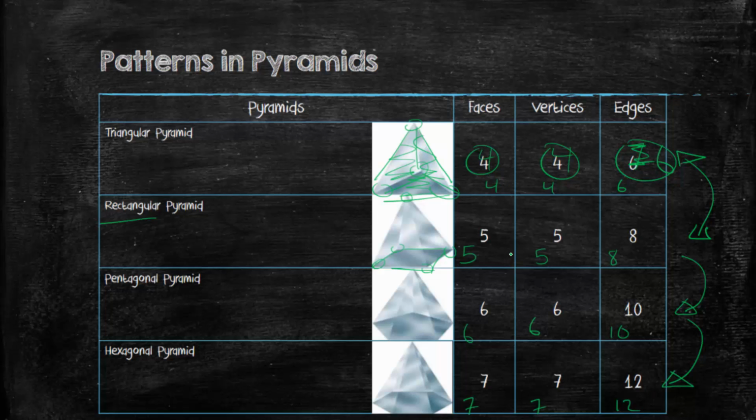So the faces going up by 1 in each instance, vertices going up by 1, and the edges going up by 2 in every single case. So plus 1, plus 1, plus 2. And if you look at the figures, it's pretty common sense why that is. So these are some examples of patterns in geometry in pyramids and in prisms. Hope you've enjoyed watching this video.